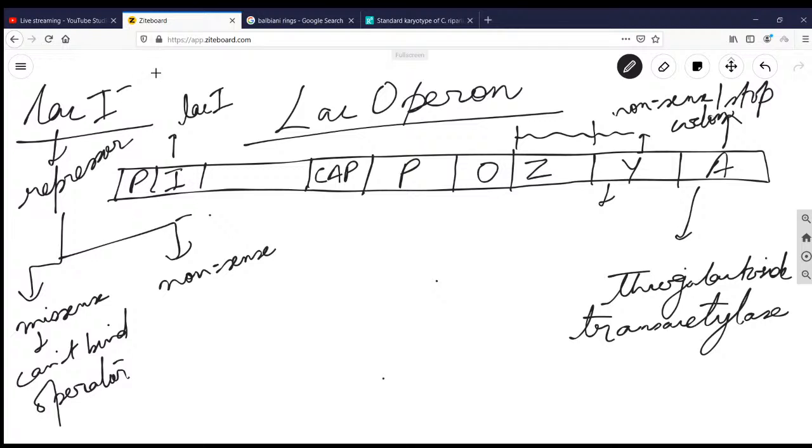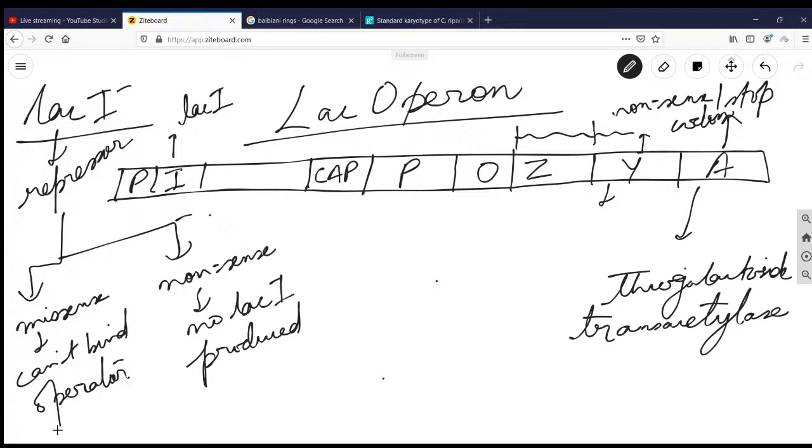I just told minus means negative. Negative mutation could be missense, could be nonsense. Nonsense could be no lac-I produced. Or it is produced, but it's incapable of binding to the operator region of the lac operon, because of conformational changes.